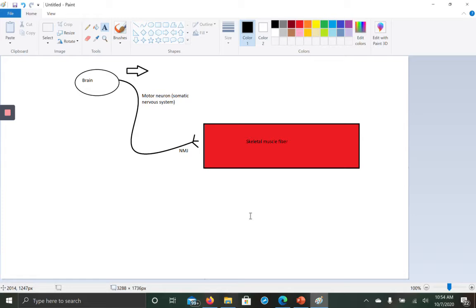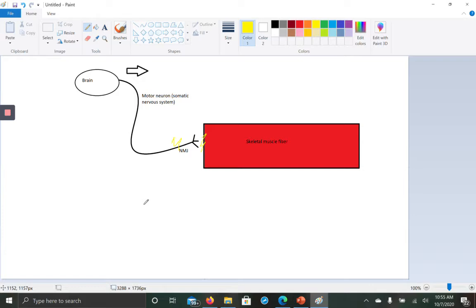I'm shortening it, and we're going to go into more detail. But what's happening at the neuromuscular junction is that an electrical signal that you can find in the neuron is going to jump from the neuron to the sarcolemma.